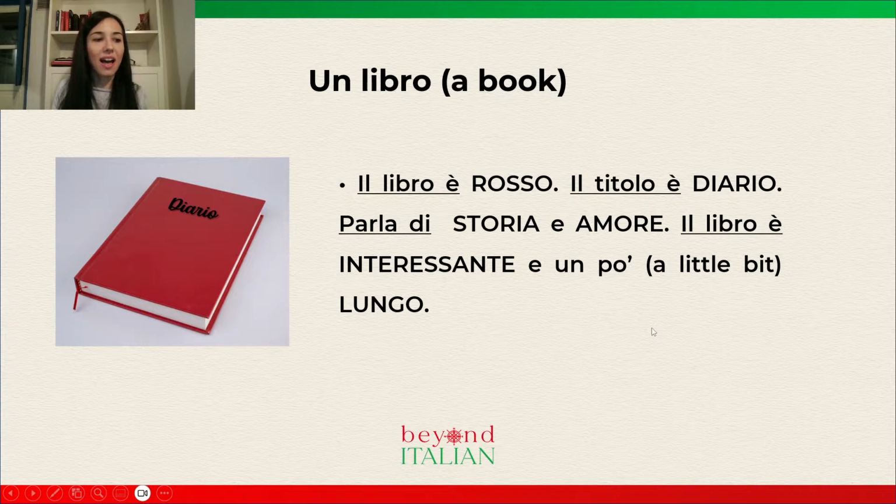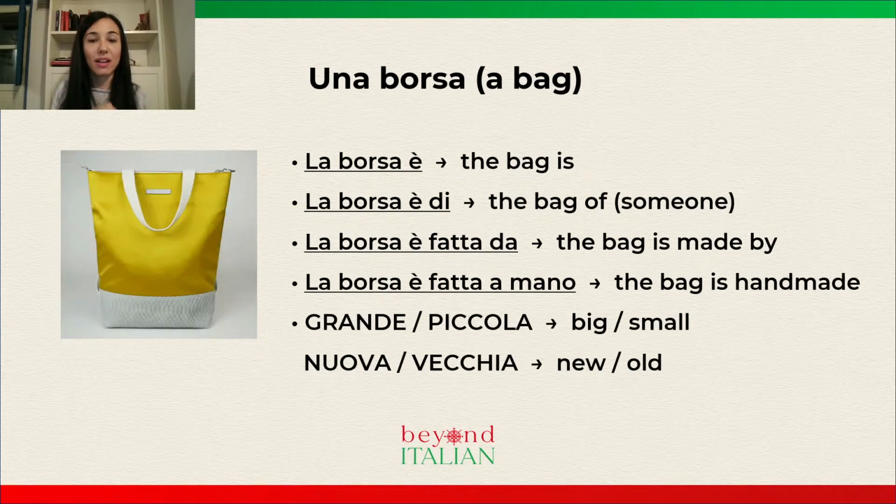Now, let's see how to describe a bag, una borsa. We will follow the same process as with the book. So let's see now, first of all, some Italian expressions that are useful for you to start your sentences, and then we will complete these expressions with some information.